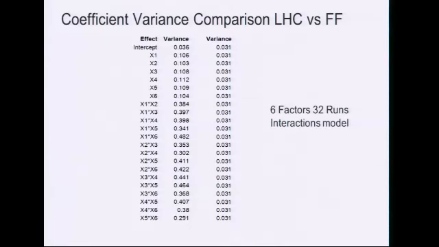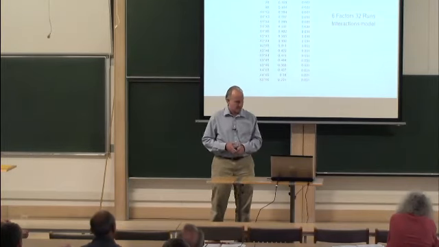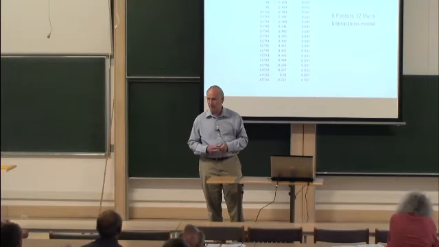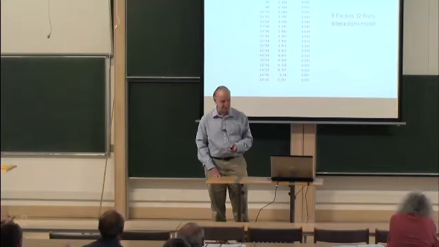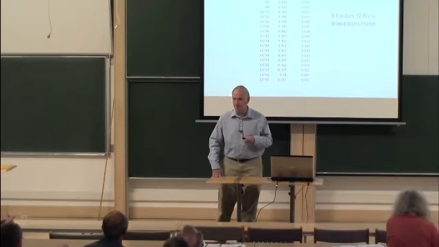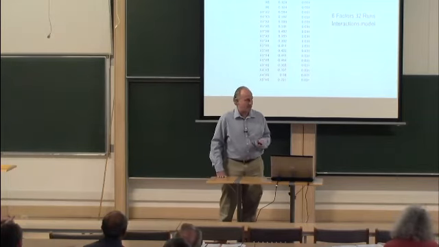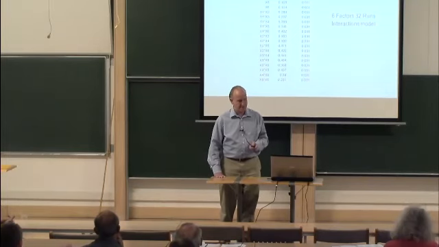But for the Latin hypercube design, which is the variances on the left here, the main effects are being estimated about 3 times worse than for the factorial design, and about 10 times worse for the 2-factor interactions. And that's parameter by parameter. So you can see that if you do have noise, the Latin hypercube design is really going to cost you if you use it.